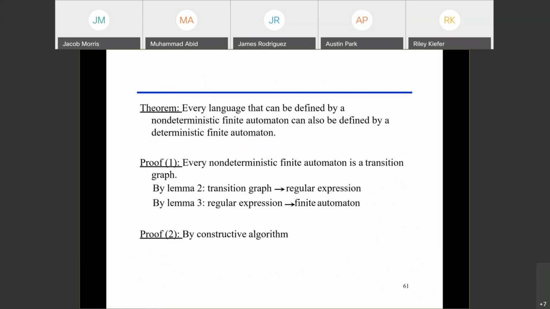It means that if you have a regular language, there must be a minimum of one regular expression of that language. There must be a minimum of one FA of that language. There must be a minimum of one NFA of that language. There must be a minimum of one TG of that language.